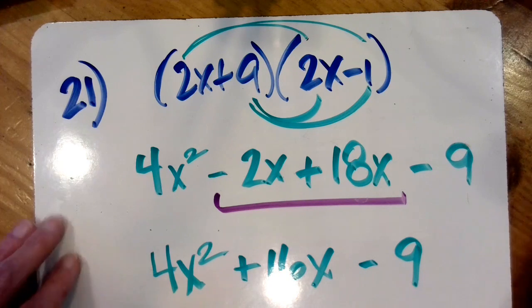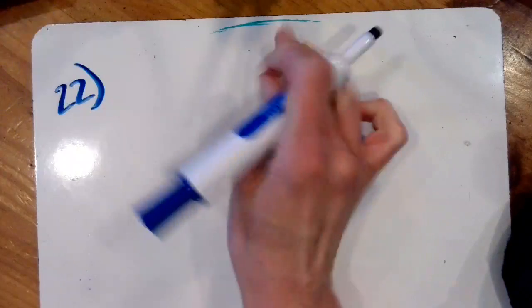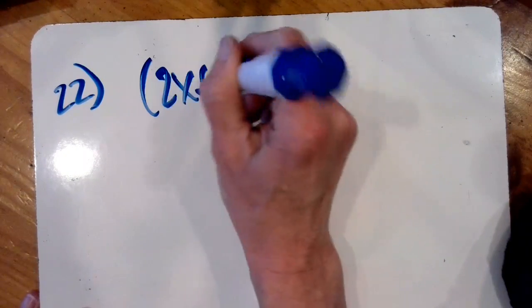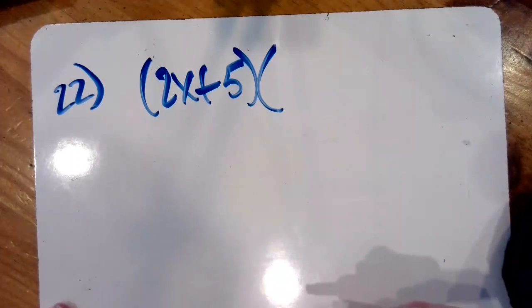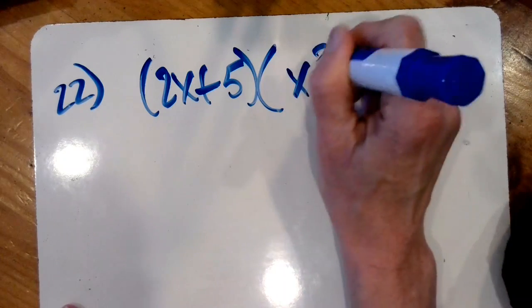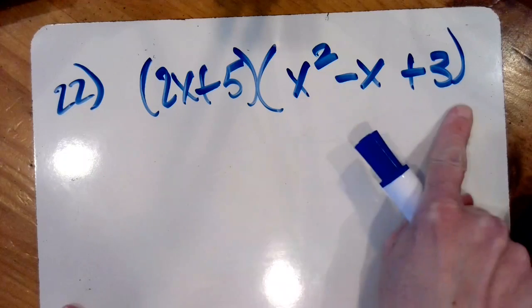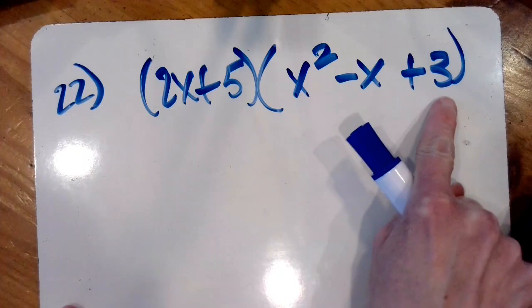All right. So now let's go up to 22, because 22 is the first time that we have a trinomial. We have 2x plus 5 times x squared minus x plus 3. This is a trinomial because it has 1, 2, 3 terms.